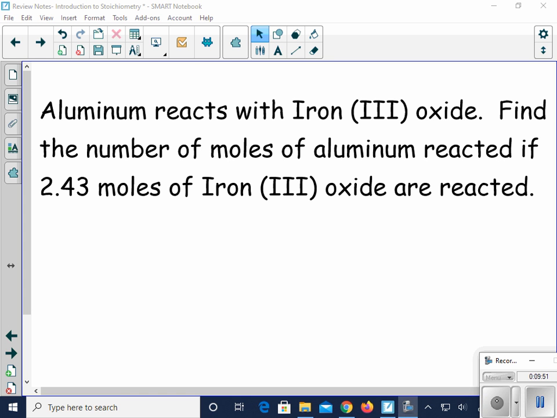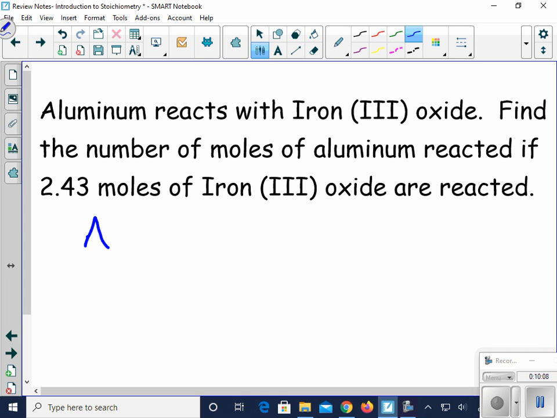So why this is so beautiful is because we have to use all of our knowledge of balancing chemical equations and reaction predictions. Because I'm going to start off, I have aluminum, and it is reacting with iron 3 oxide.